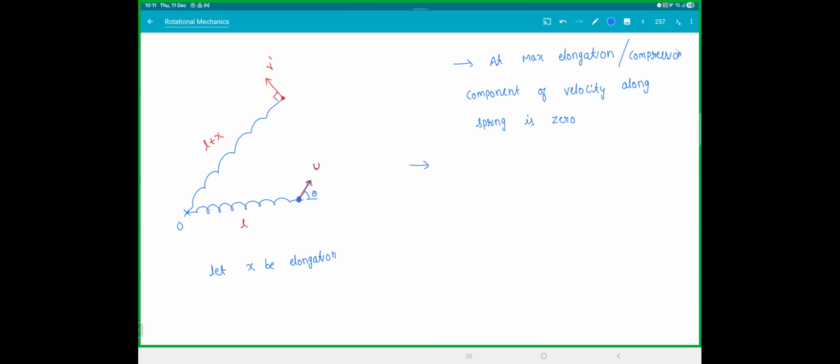No, spring force is internal, no, Samyak? My system is spring and the particle. Spring force is internal.